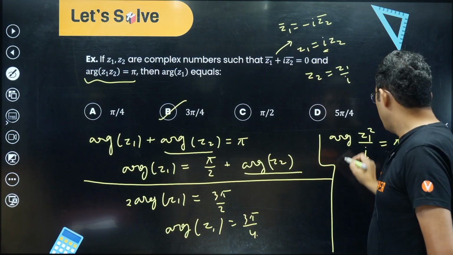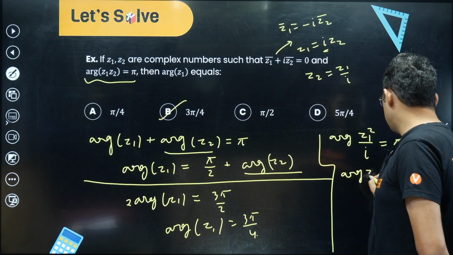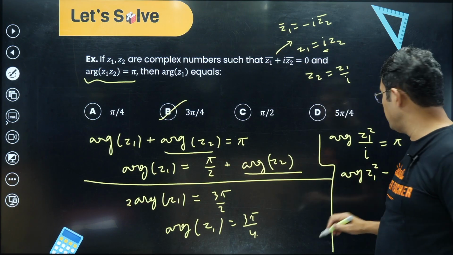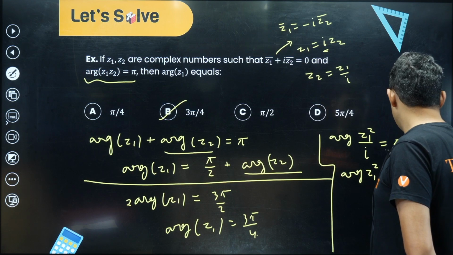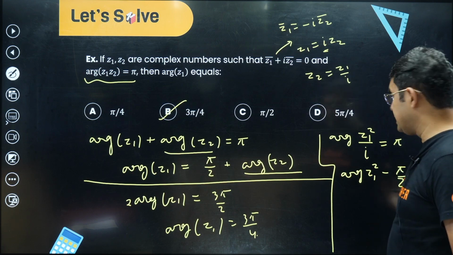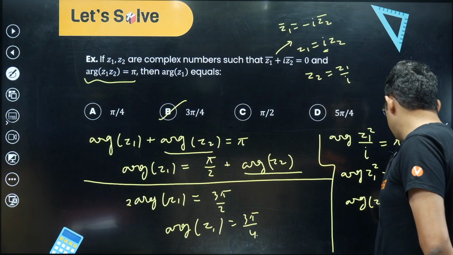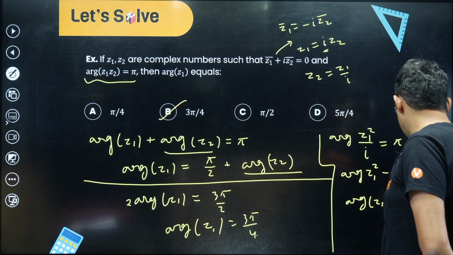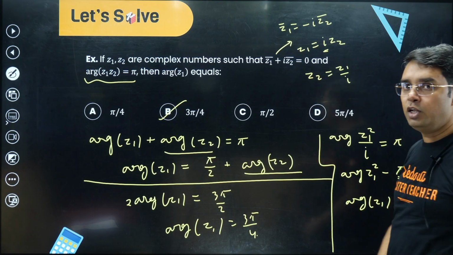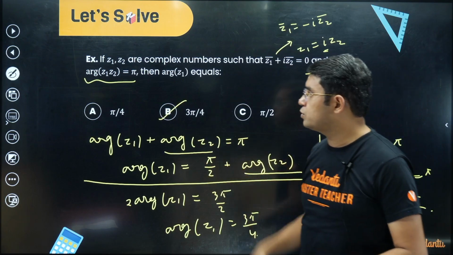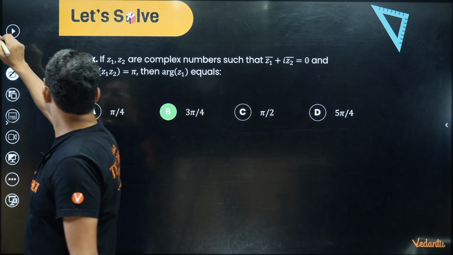Using that property, argument of z1 square minus argument of iota, which is pi by 2, is equal to pi. It will go that side, then divide by 2, we get the same thing. So argument of z1 will be 3 pi by 2 divided by 2, so 3 pi by 4 is the answer of this question. Okay, now coming to the next question.